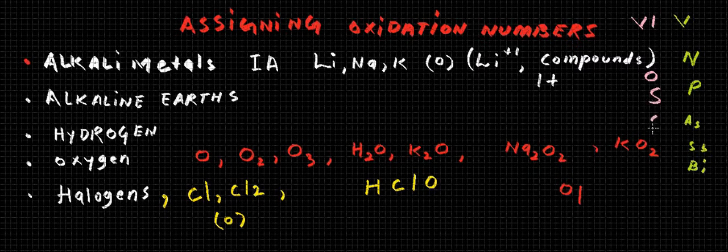sulfur, selenium, tellurium, polonium, etc. And the most frequently used elements, oxygen and sulfur, have 6 valence electrons. So they are 2 short of their octet. The possible oxidation state could be 2, which will be -2 in most of the cases.